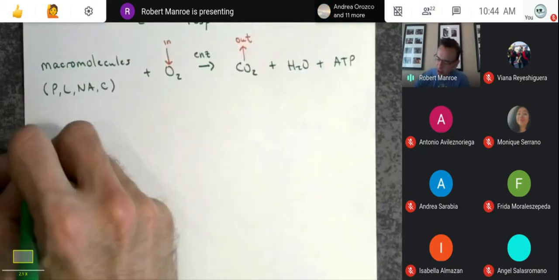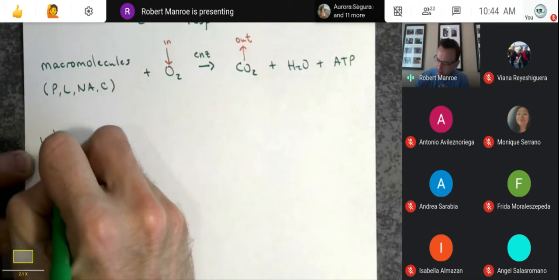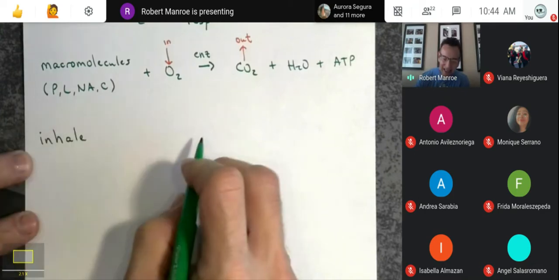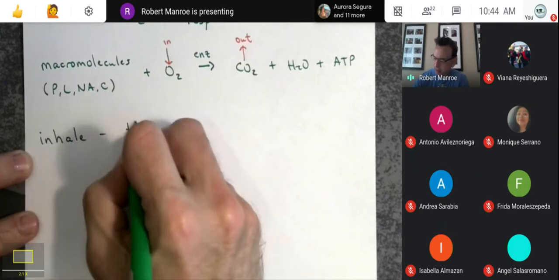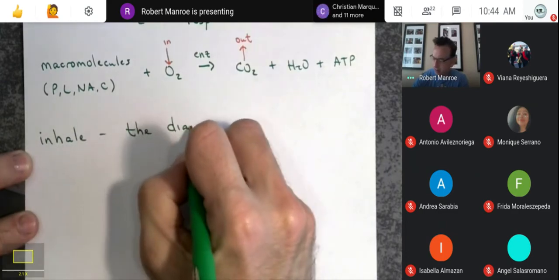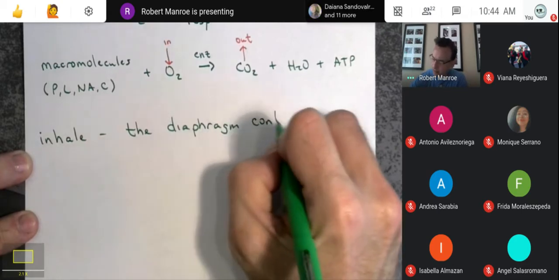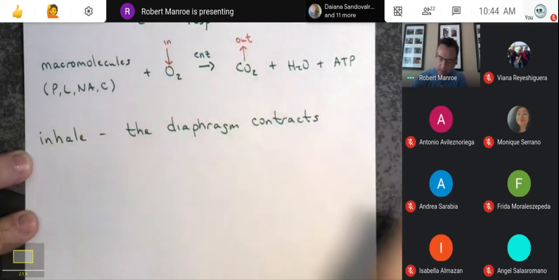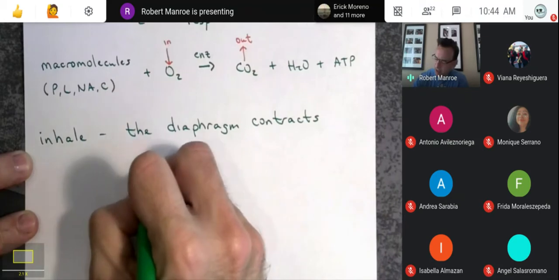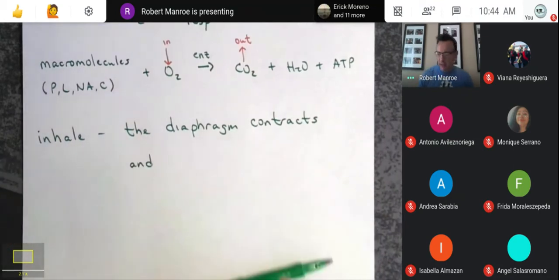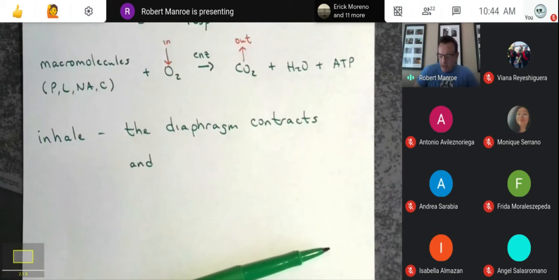Cool. So a more specific step in ventilation is when you inhale. And what happens here is the diaphragm contracts. And what this actually does, okay? You have the diaphragm here, the base of your ribs.